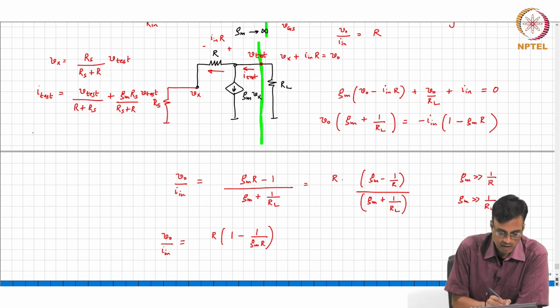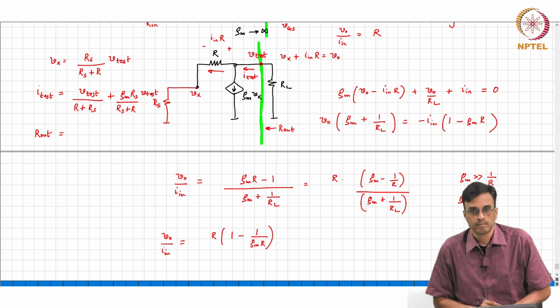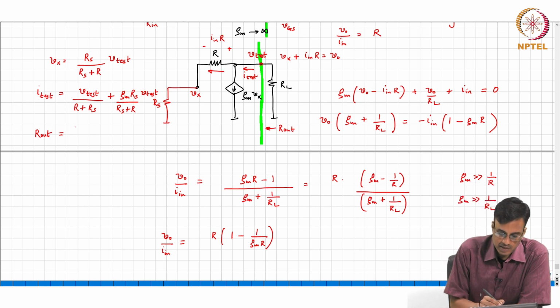So, what is output resistance R out? It is basically Rs plus R by Rs, which is 1 plus R over Rs times 1 over Gm.